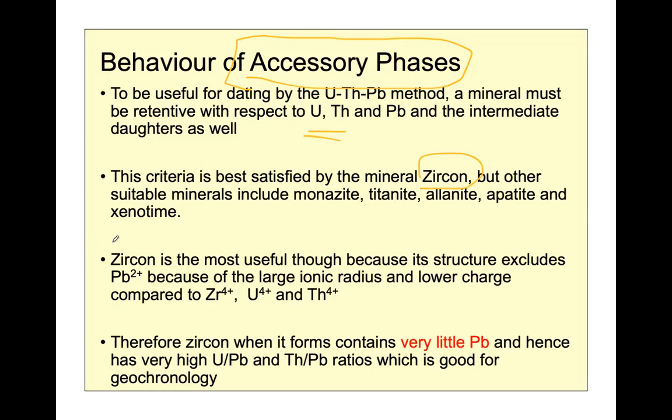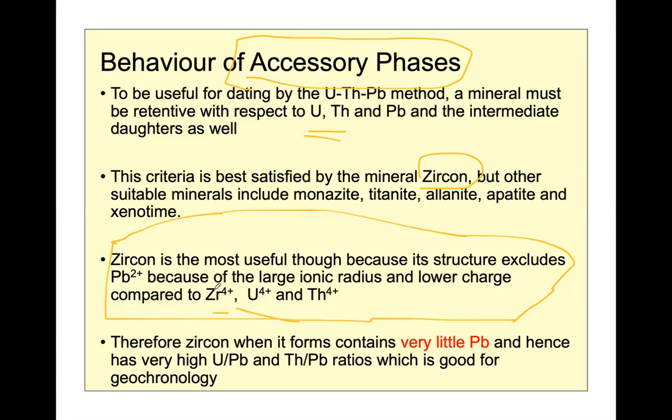right? Mostly zircon is used because they readily make available their crystal lattices for uranium and thorium. Okay, uranium and thorium, because they have large ionic radius and lower charges compared to zirconium.